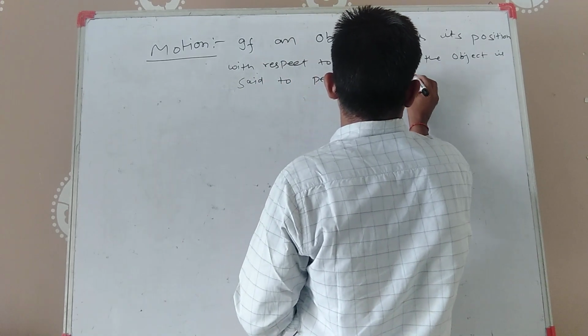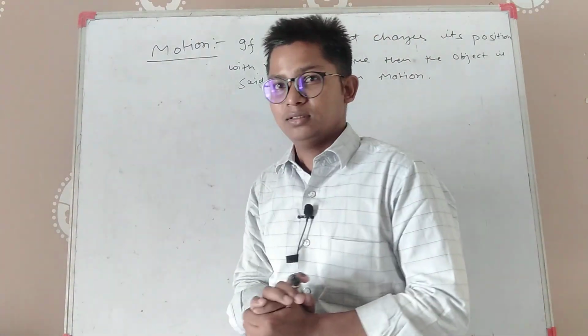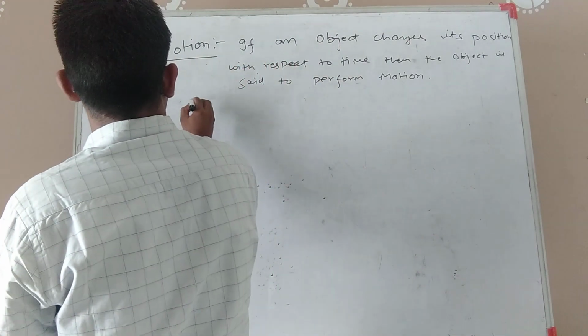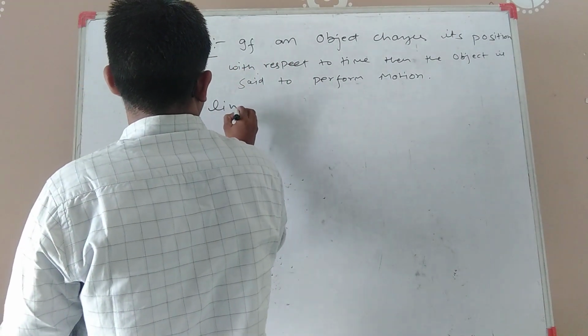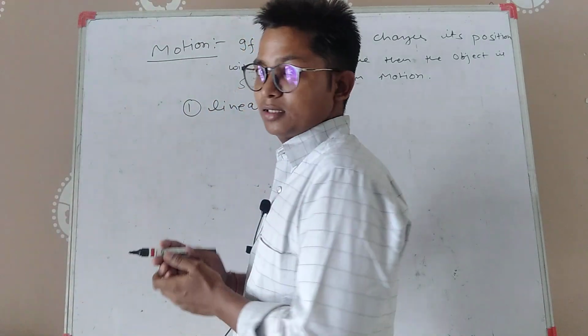Okay, so this is the basic definition of motion, and there are some types of motion. The first one is linear motion, or a straight line path.